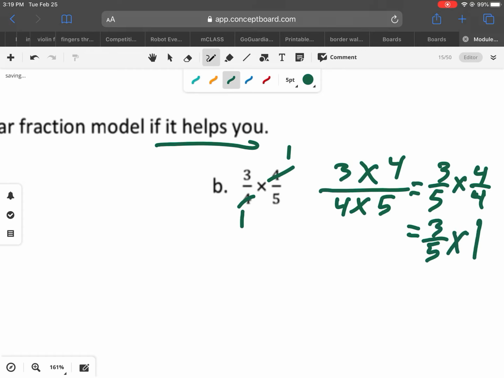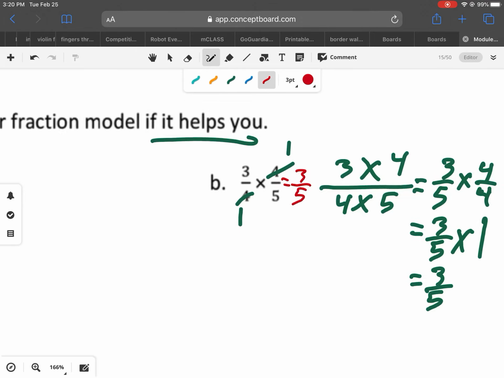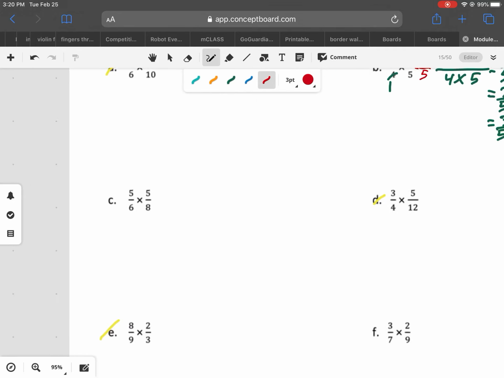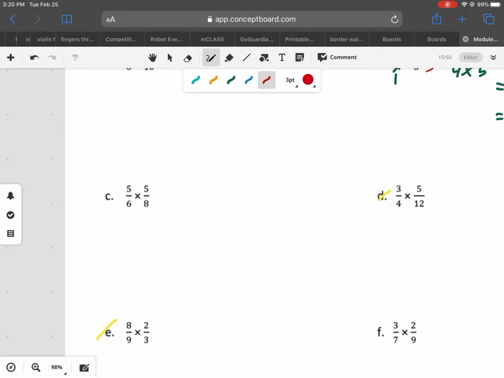And hopefully you see that 4 over 4 is 1, so it's 3/5 times 1, which gives us our answer of 3/5. So over here, hopefully you see that it's actually 3 times 1 is 3, and 1 times 5 is 5. And there's our answer.